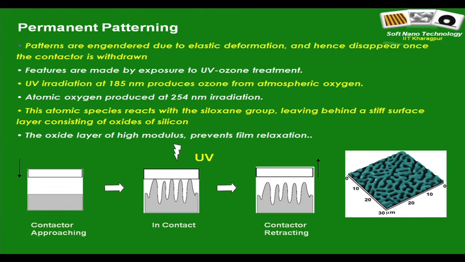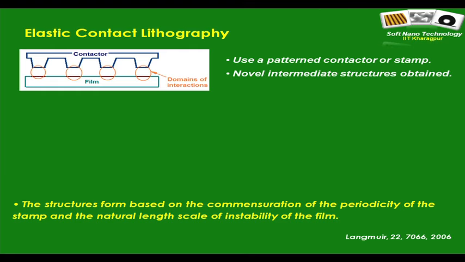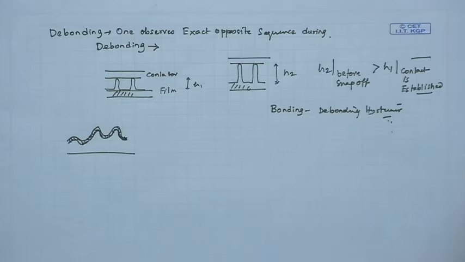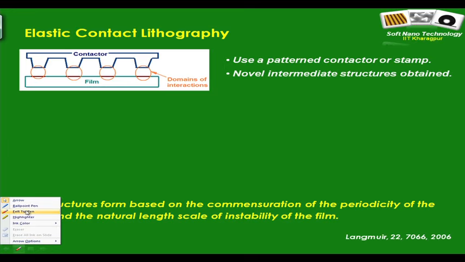What is the second problem? The second problem is obviously the structures are random, and therefore, can something be done to make the structures aligned? Here the destabilizing field is in fact the contactor. So, it is very logical to assume that if one takes a patterned contactor, let us say the contactor itself is in the form of a grating, then one would typically expect that areas of the film below the stamp protrusions will exert some force.